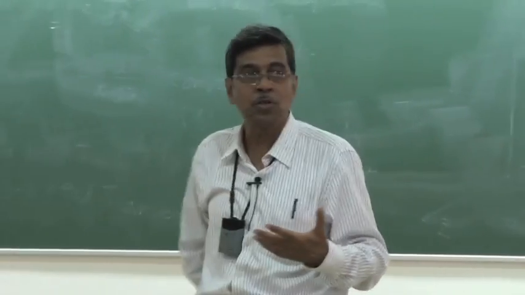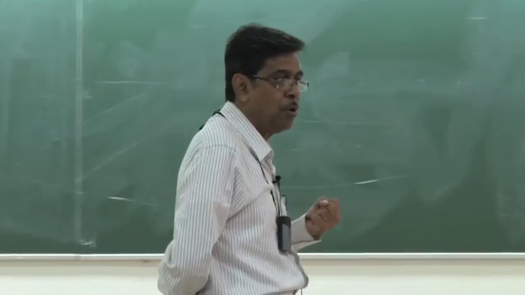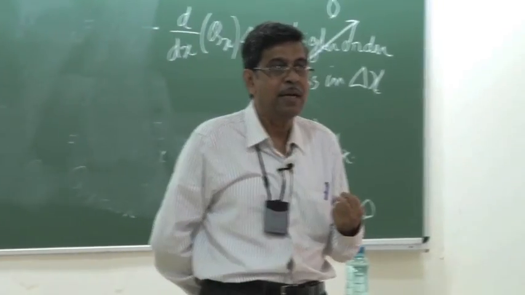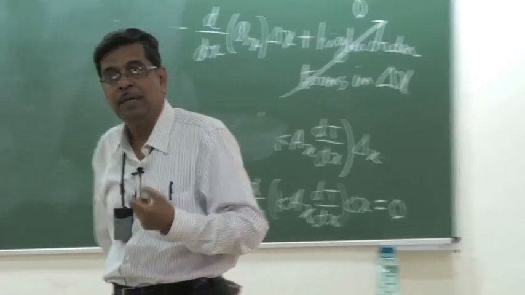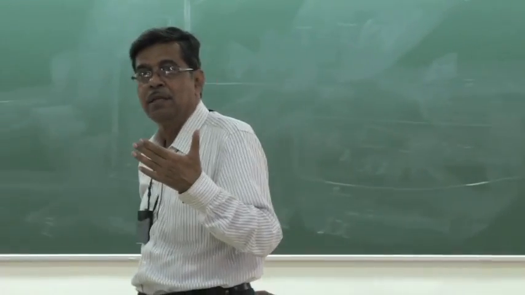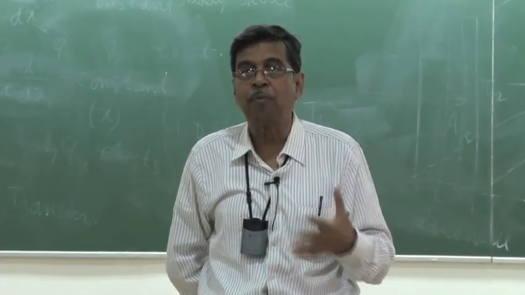This arises because of the density difference, and is known as buoyancy driven flow. Its direction is determined by the density variation, that is, the direction in which the density is decreasing or increasing.